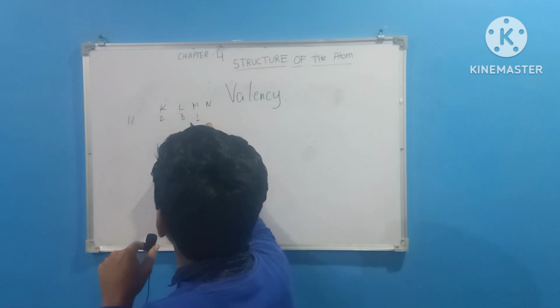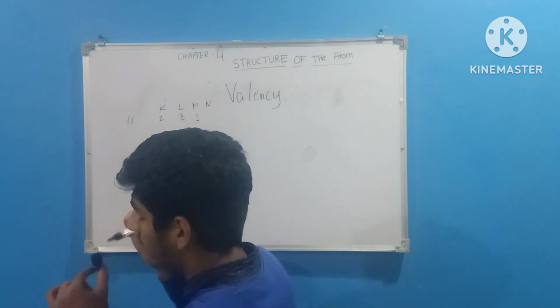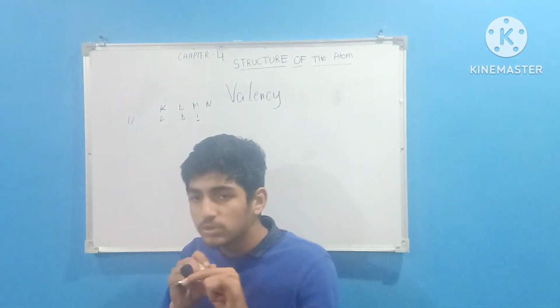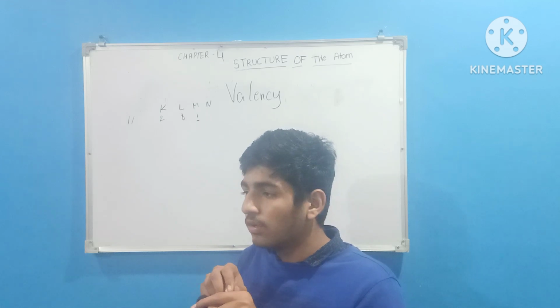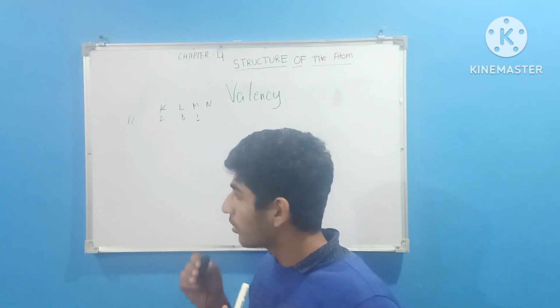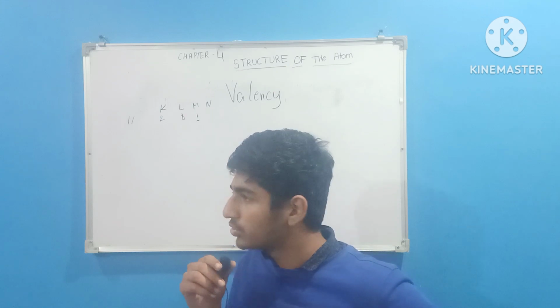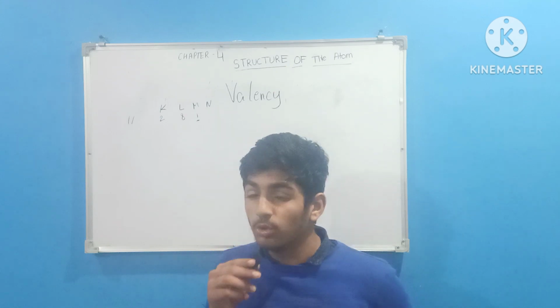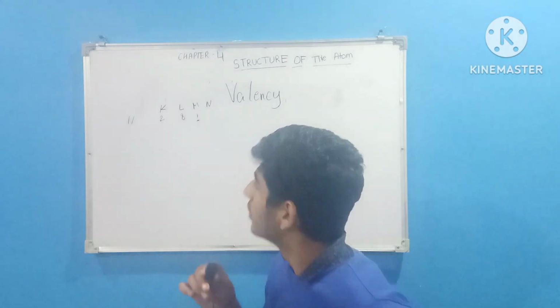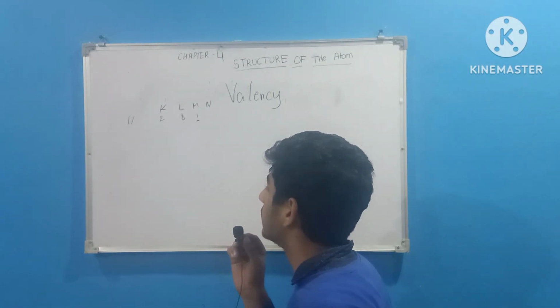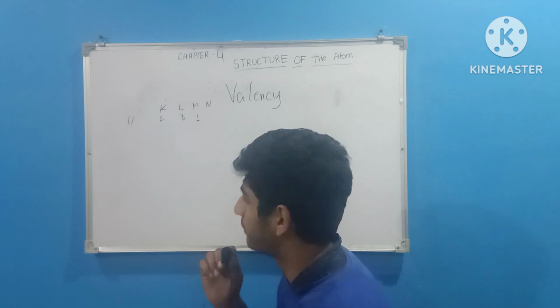I ask you a question. What is easier, to lose one electron or to gain 7 more electrons? So obviously to lose 1 electron. So the valency of sodium is +1.